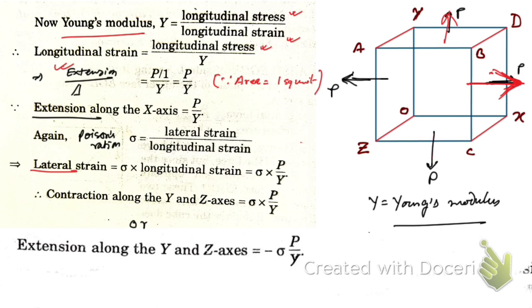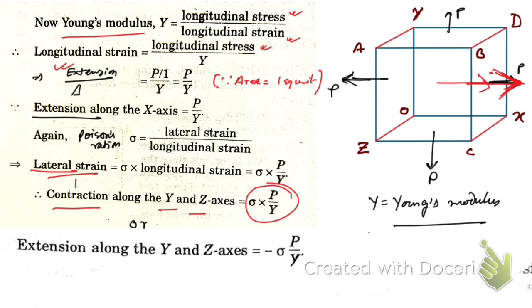So when you apply the force along x axis, in that case along y and z axis, here lateral strain, again strain is change in length by original length, which is 1, so that's why here we have got contraction. So when you apply P in this direction, there will be contraction along y and z, right? And that contraction is given by this. Hope you have understood this.